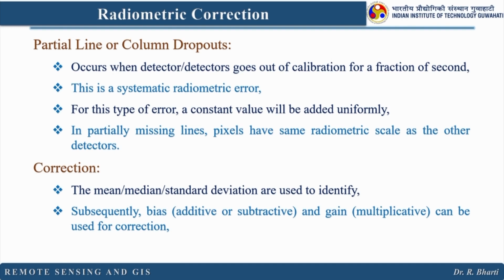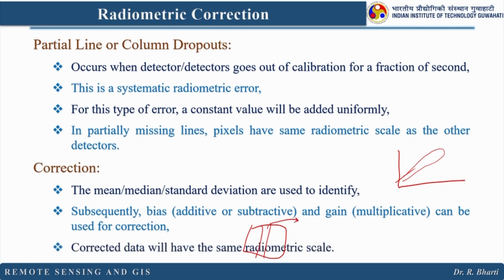So, here you will plot with the surrounding pixel, and then you will find the offset and gain bias using this, and then you can easily correct those bad pixels, right, which are having relatively higher value, and corrected data will have same radiometric resolution.